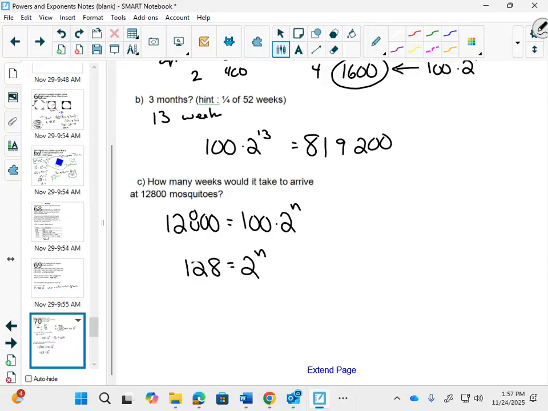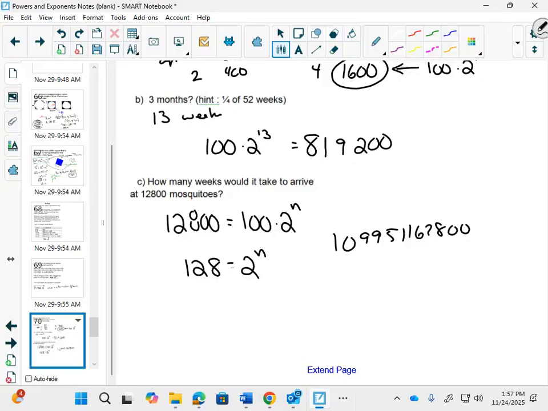Someone give me a guess for n. 40? We'll see how close you are. If you pick 40, oh my goodness, that's what you get. I think it's too big. We only want to get 128, and you got that number.